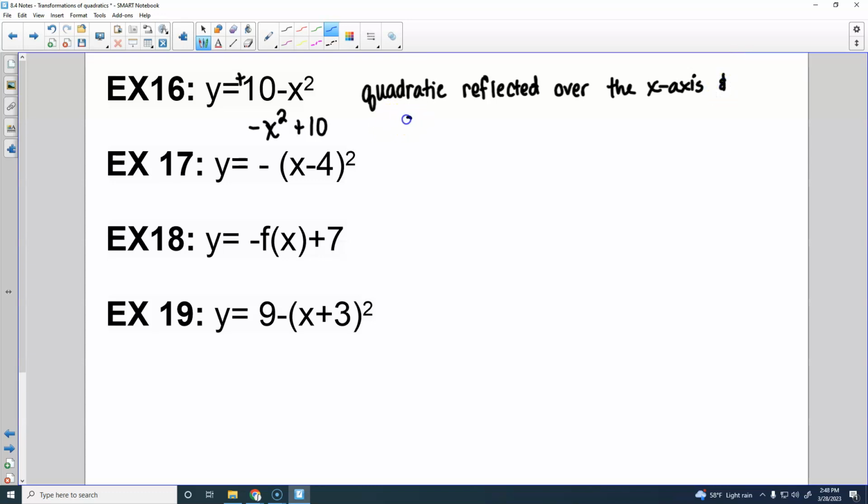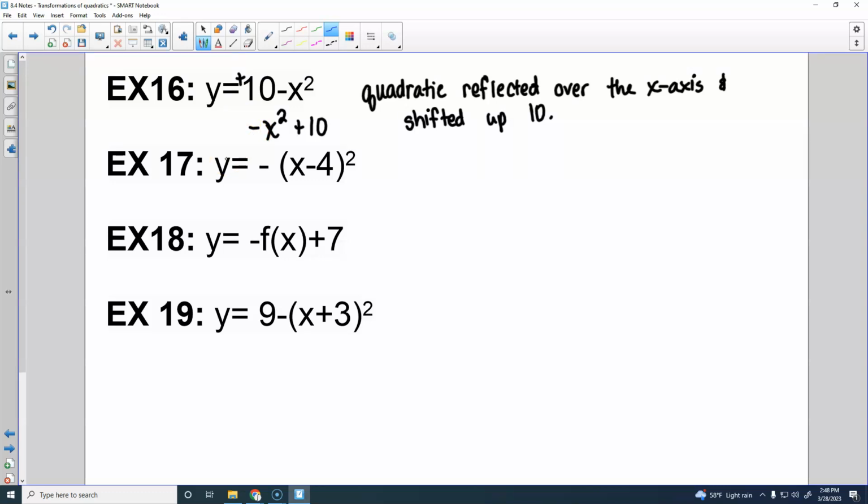Up 10. Good. You do want to put the reflections first, so the reflection happens first. That negative right there is a reflection.